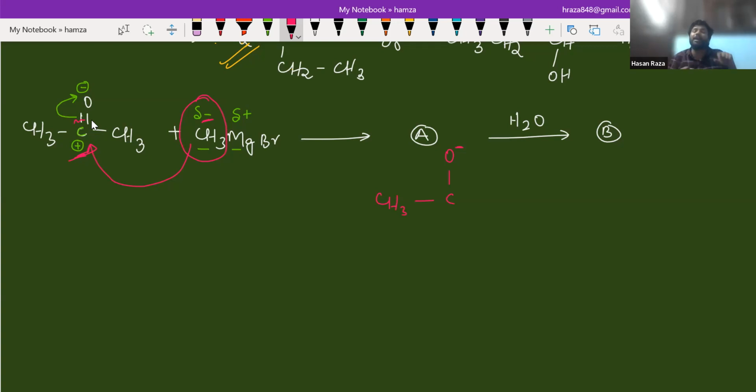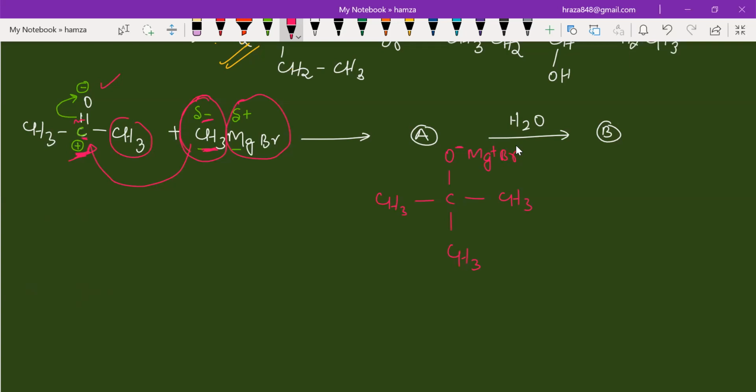That's why it has a negative charge and carbon has a positive charge. This carbon has a CH3 here, so I'm going to write it here. This CH3 is negatively charged and this carbon is positively charged, so break this and transfer to this. Now this is positively charged and this is negative, so it will go Mg plus Br. Is that clear to everyone up to this?